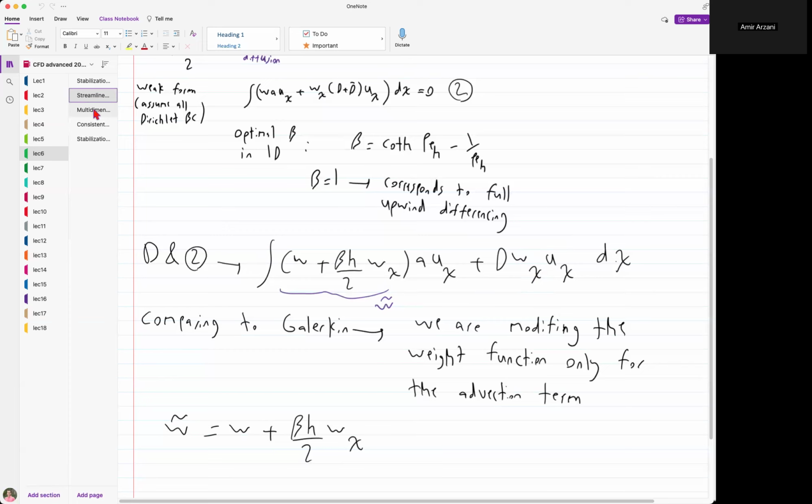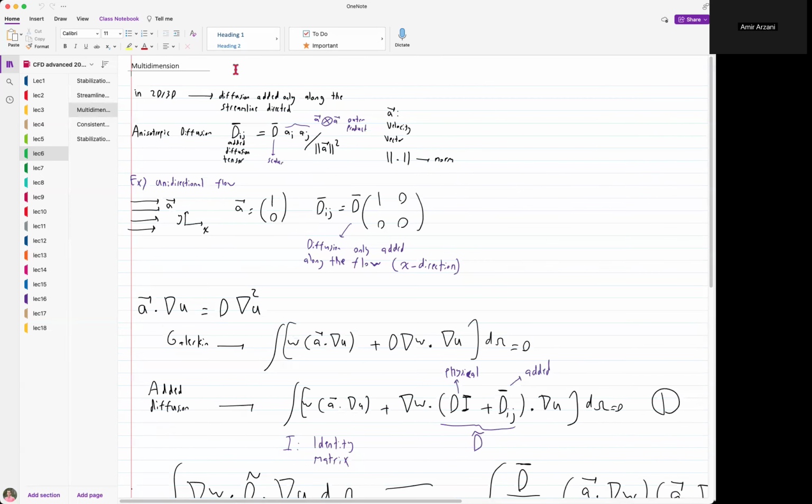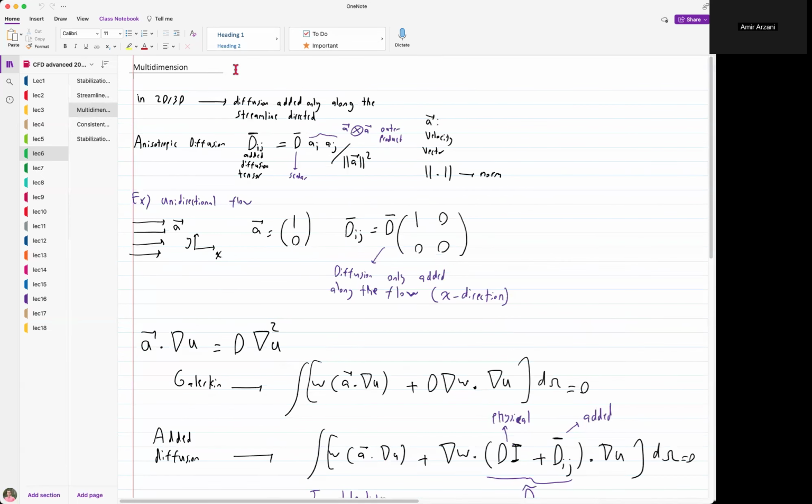Okay, great. Now, let's start talking about the multi-dimension case. So far, everything was 1D, but when we talk about finite element, we're really interested in 2D and 3D problems. So if we go to 2D and 3D, the idea is that we're still going to think about artificial diffusion, but now we only want to add diffusion along the streamline direction.